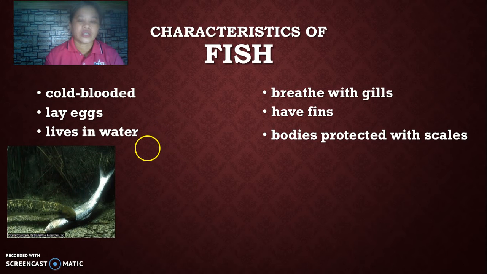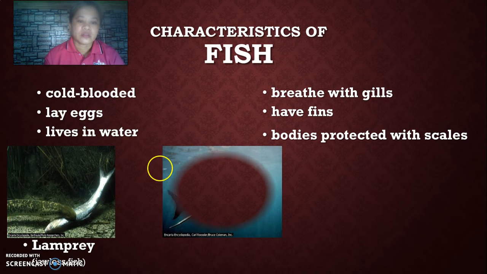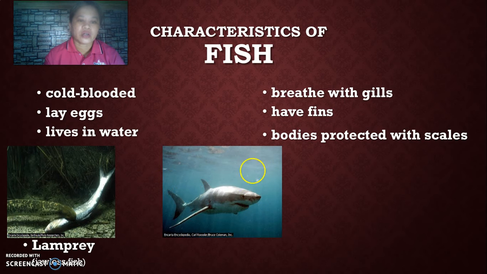Examples of fish is the lamprey. Lamprey is a kind of jawless fish. They don't have jaws. Their mouth is disc-shaped and used for sucking blood from their prey. And then we have the shark. Shark is a cartilaginous fish. They have cartilage as their skeleton instead of bones.